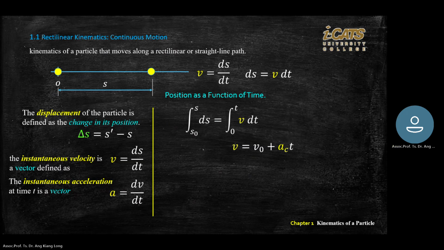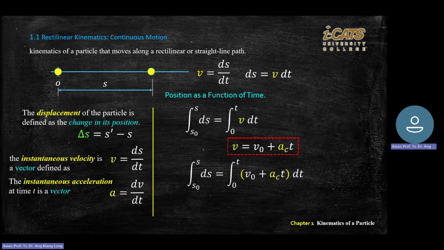This one you get s0 minus s. Sorry, s minus s0. And then you pull the t to the left, you get velocity, right? Okay. You do the same. You substitute the v equation just now, v equal to v0 plus at, into this equation.